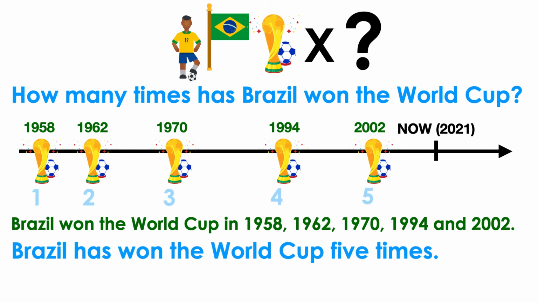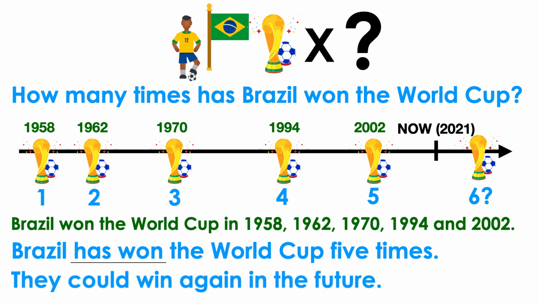So you could say Brazil has won the World Cup 5 times. We use the perfect tense here, Brazil has won, because they could win again in the future. This number could change.